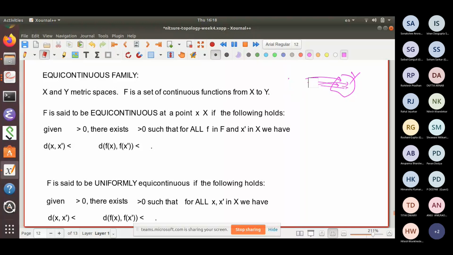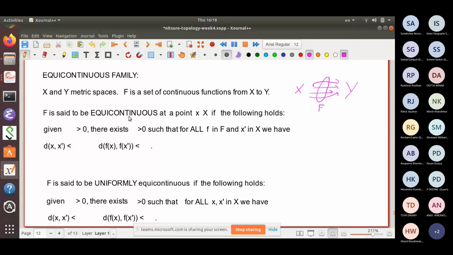I should rewrite my picture, otherwise it looks like I'm sending points. So here is X, here is Y, and a whole lot of maps from X to Y. This is the set F. It's a set of maps, all of them continuous from X to Y.